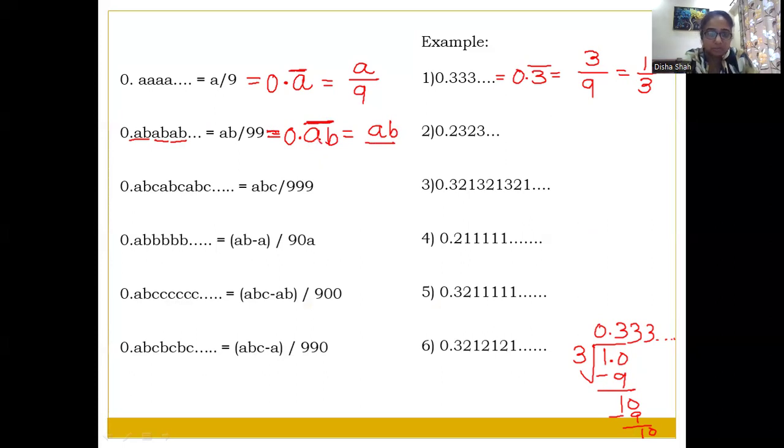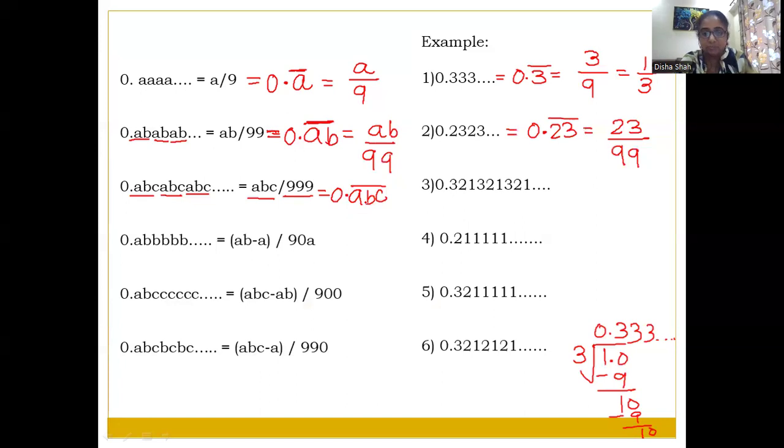So there are two digits which are getting repeated, तो उसके लिए we will write 9 two times. तो अभी 9 नहीं लिखेंगे, अभी 99 लिखेंगे. So let's see the example. 0.23 बार, this can be written as 23 divide by 99. Next pattern, 0.abc, abc, abc, it is like this: abc bar, this we will write as abc divide by 999. Why 999?